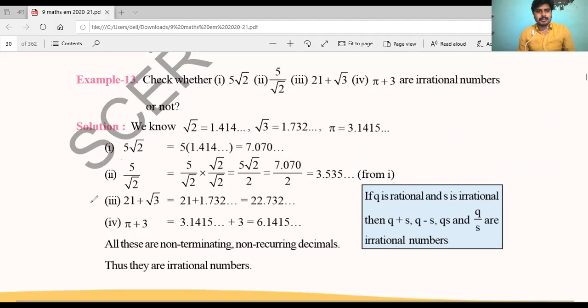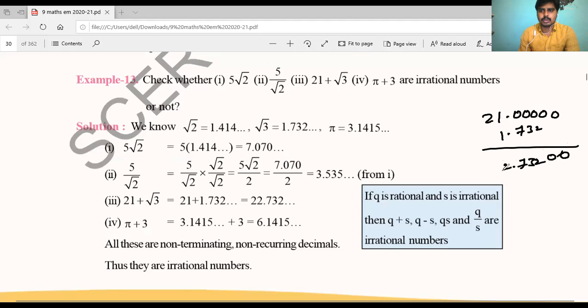Number 3, 21 plus root 3. Root 3 value is 1.732. If you add that to 21.00000, we get 22.732 so on.